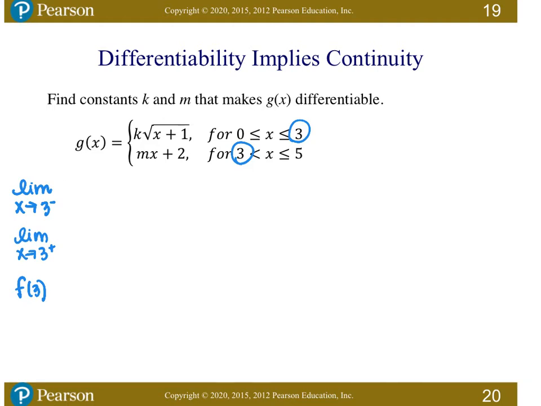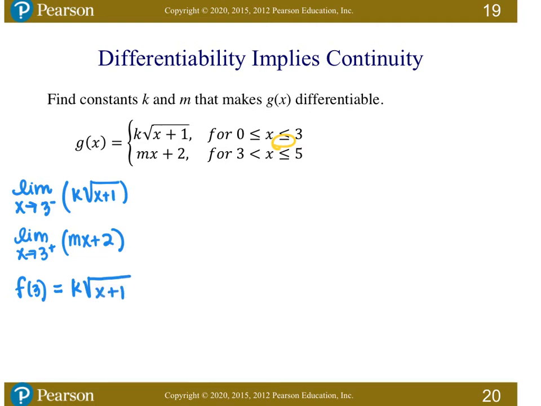When I do 3 from the left, I'll be using k root x plus 1. When I do 3 from the right, I will be doing mx plus 2. And when I do f of 3, okay, I need to figure out where it's equal to 3, and it's equal to 3 right here. So I'll also be using the k times the square root of x plus 1. Okay, so we're going to substitute the number 3 in for x.